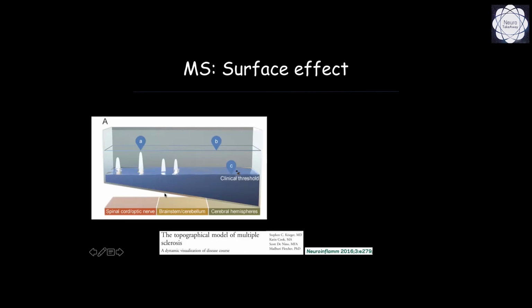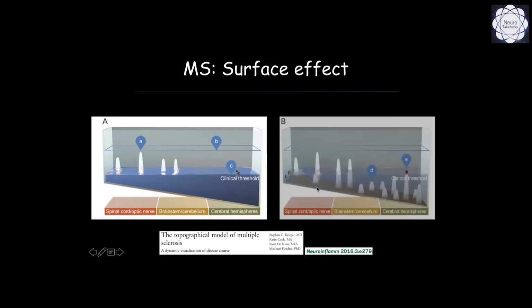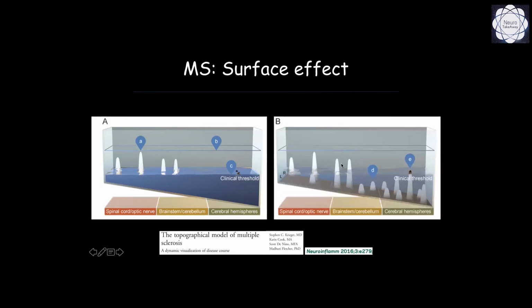We have the floor of the pool, which has a slope, and then the clinical activity over the water level. You can see that not all the topography is equal. The spinal cord and the optic nerve are more prone to clinical manifestation. Then we have the brainstem and the cerebellum, and finally the cerebral hemispheres. But when the level of water goes down, you can see the appearance of this activity over the level of water, so they can manifest clinically.